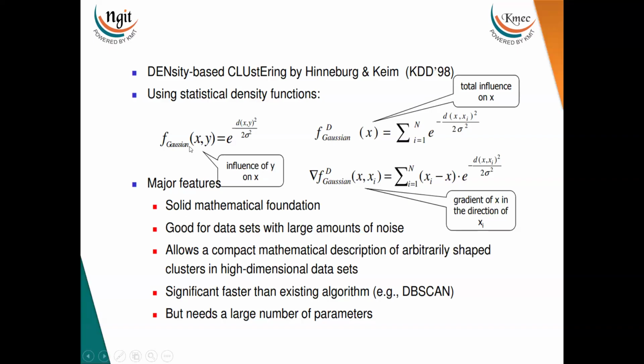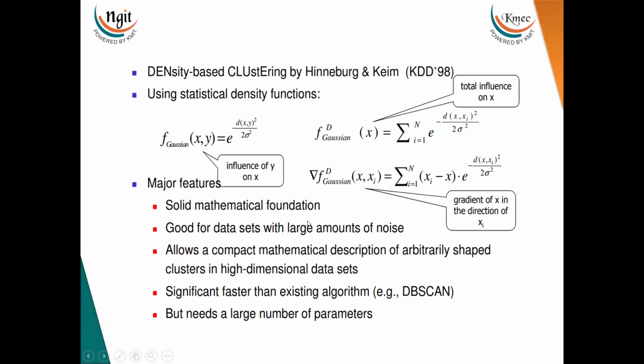Here we can see that the Gaussian function will help us in understanding the influence of two points, like y on x. Suppose you want to find the Gaussian function of any x, and also the influence of this data point on other data points, then we can use this along with the sigmoid function. So here we also calculate the gradient of x with respect to the input data point which is given.